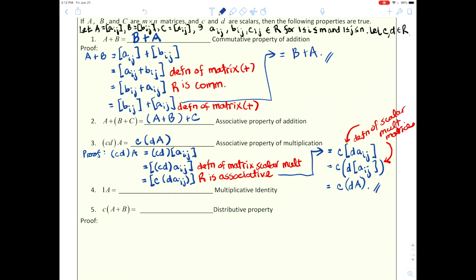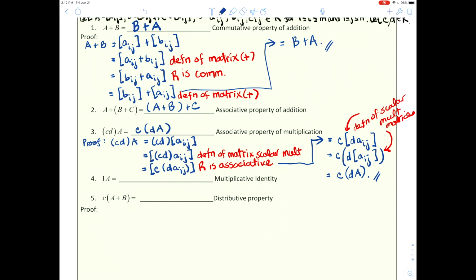All right, so next up, 1 times A, what do you think that's going to equal? Let me clean this up a little bit. So 1 times A is equal to, you got it, A, all right? And that's the multiplicative identity for scalar multiplication.